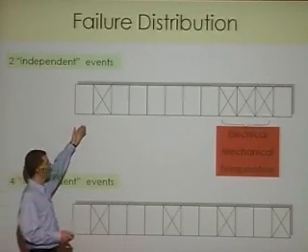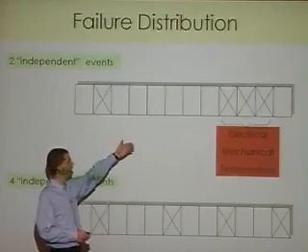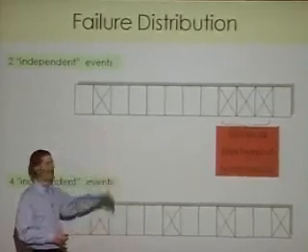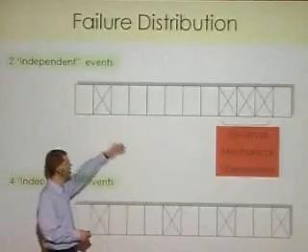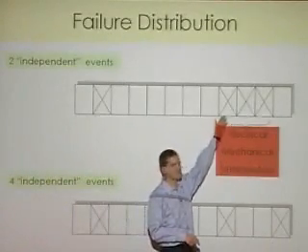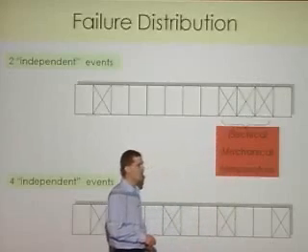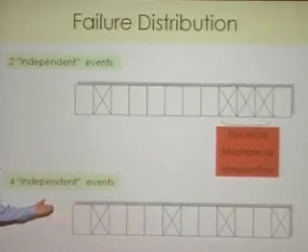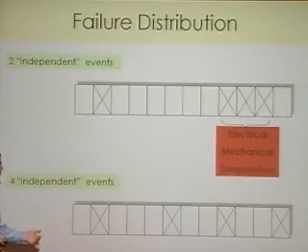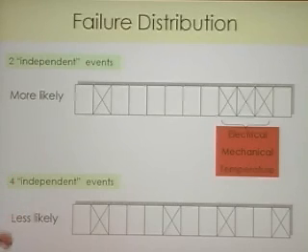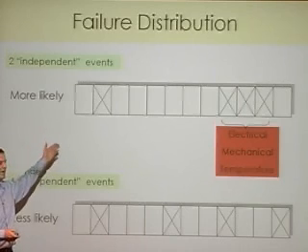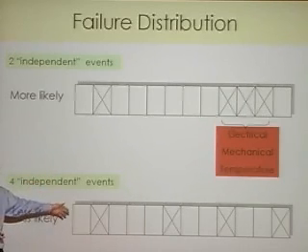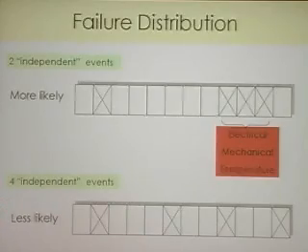So even though the failure affects 4 devices, only 2 independent events cause them. One here, and here maybe some coffee spill that failed all those 3. And in this case, we can think of it as 4 independent events. And the conclusion is that this is more likely than that. So maybe we want to find codes that are better for clustered failures and maybe not as good for completely isolated failures. That's the motivation.